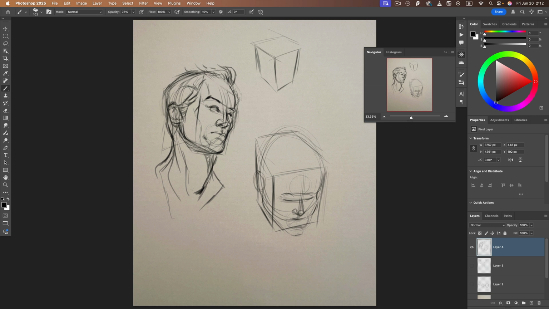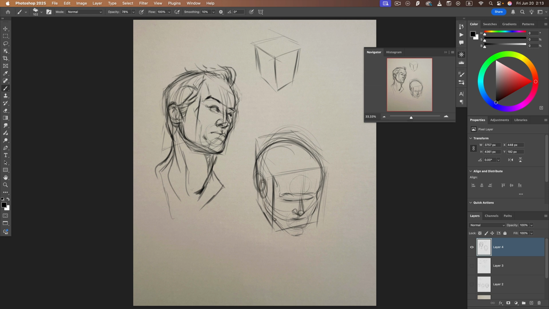Ear is roughly here. Okay. It's going back. So the back of the head is going to be like this. No, it's not going to fit perfectly in the box. I actually misplaced that ear.